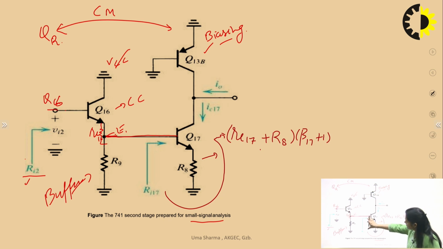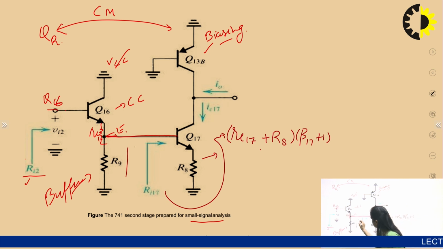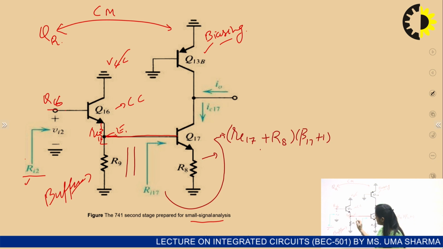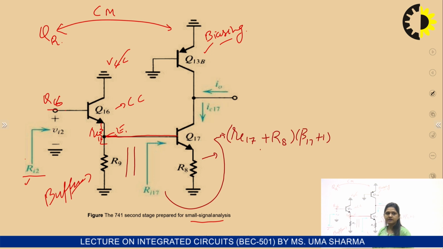So we have calculated this value, Ri17. Now you can see this relation between R9 and Ri17. Now we know the value of Ri17, and from this diagram we can see that this R9 is parallelly connected with the Ri17. So definitely now we have solved the circuit up to this point. This is R9 parallel Ri17.